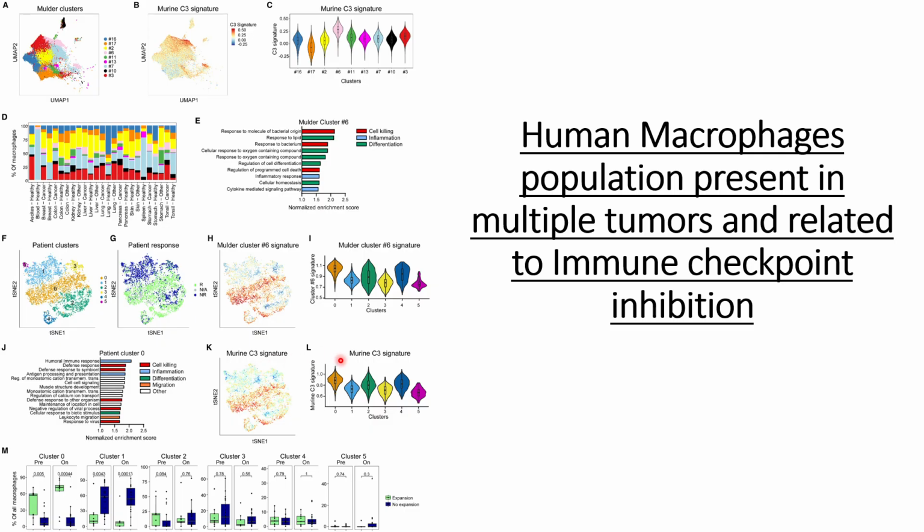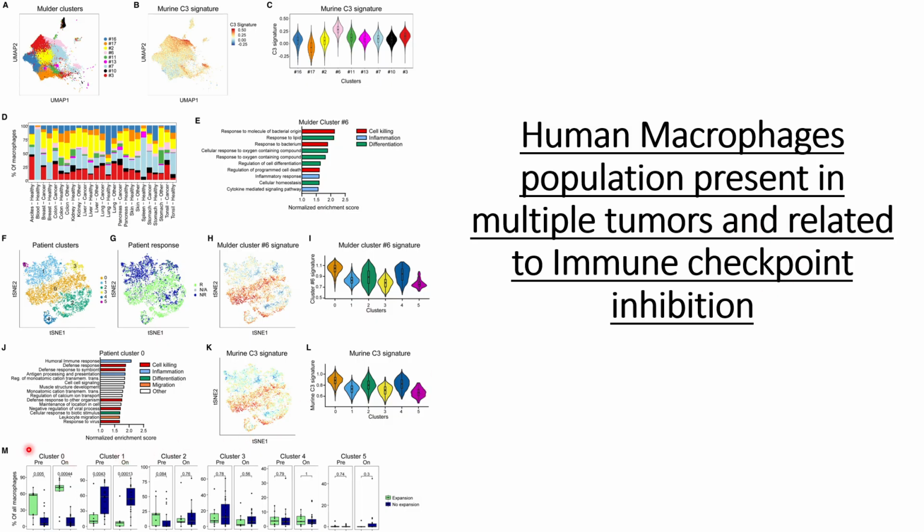Here also they found similar results, that cluster 0 seems to be more closely aligned with the murine C3 signatures, and murine C3 signatures, as extensively studied in the previous results, correspond to the late stage activation of the macrophages. So these comparisons further substantiate their point that cluster 0, or the patients that respond to immune checkpoint therapy, have late stage activation of macrophages that they observed in the previous experiments presented in this paper.